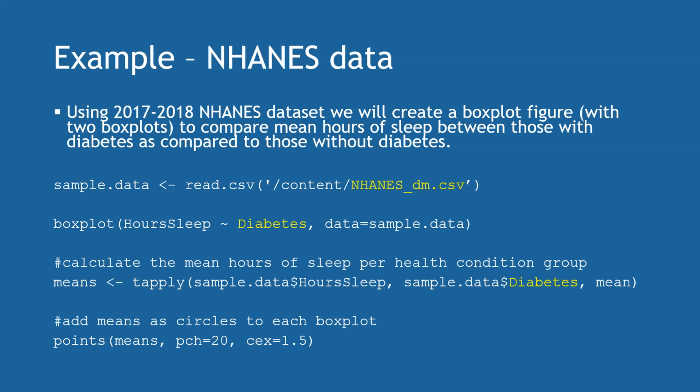In the box plot statement, you'll also want to change the word diabetes. This needs to match the variable name for your health condition. And then there's one more thing that you need to change down here in this line where we create the means. So don't change the sample.data $, but change this word diabetes to match your variable name. And then you don't need to change anything in this points line.